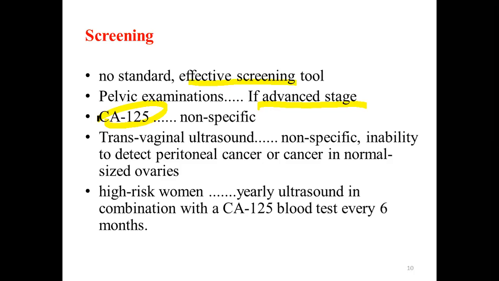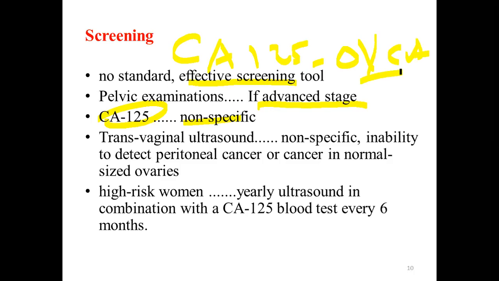But it's not a specific tumor marker, but it is most commonly used in ovarian cancer, even in our setting. So don't forget, CA125 is the most common tumor marker that can be used for ovarian cancer.